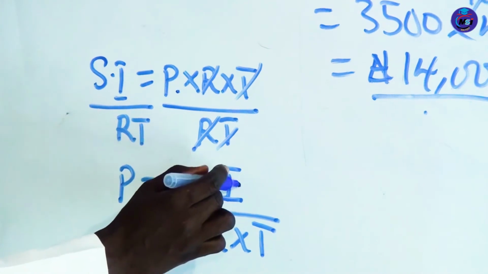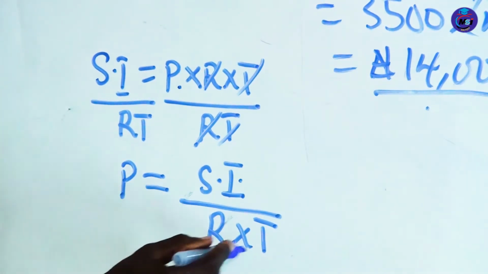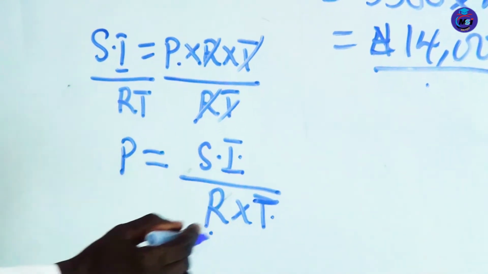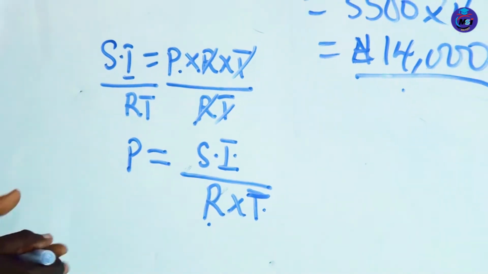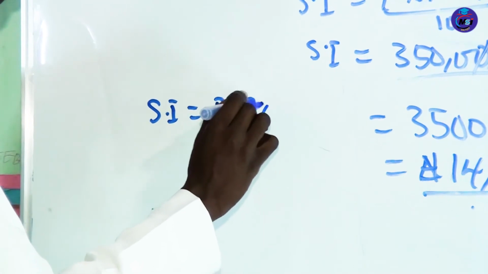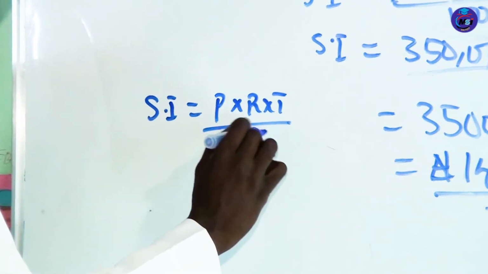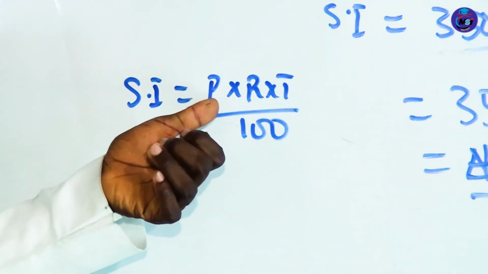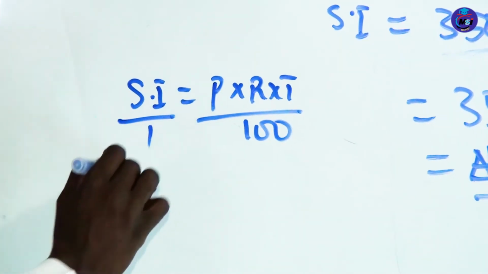You know, SI is simple interest, R is rate, and T is period. Simple interest equals P times R times T all over 100. Okay, want to find P? Divide this by 1.